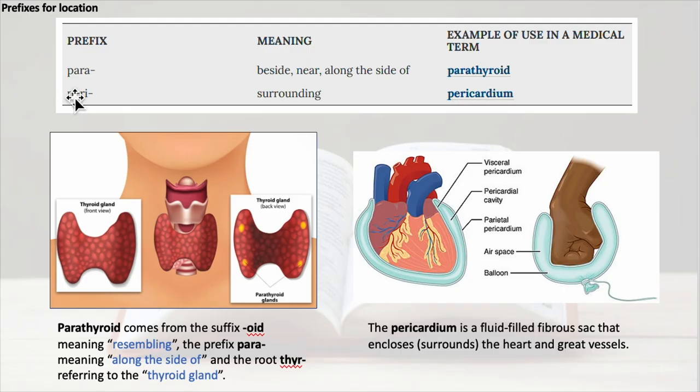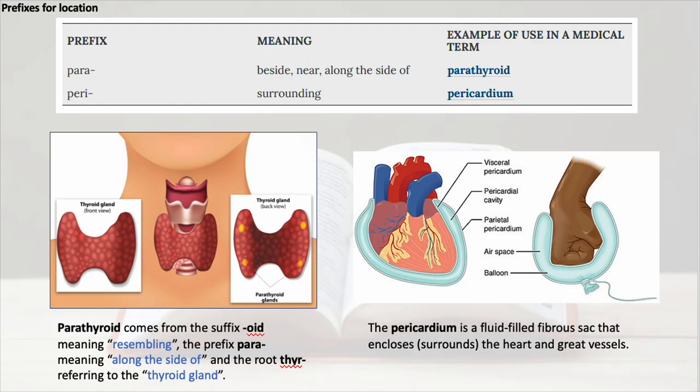Now, peri means around or surrounding. Slightly different than para. As we saw, para is more so relating to beside or near or along the side of, whereas peri is surrounding or around.